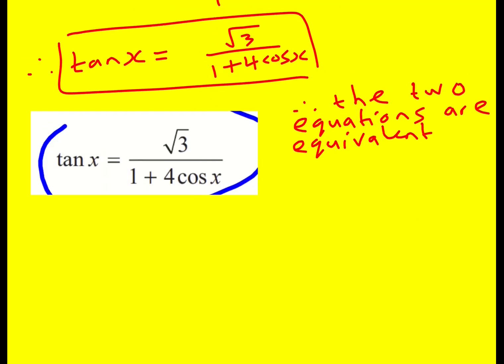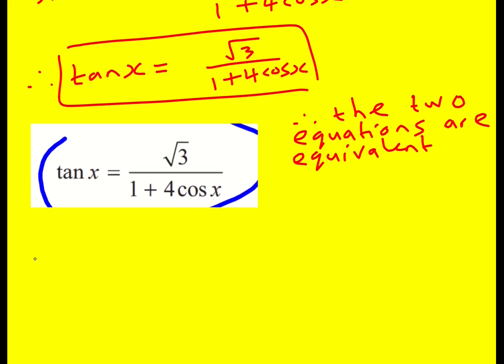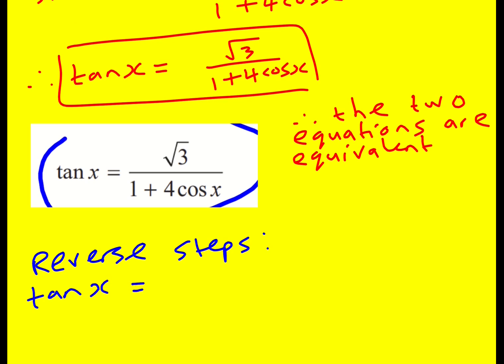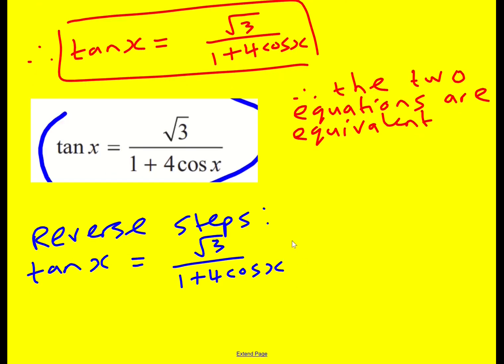If you really want to be sure that you're going to get the marks, I feel like you should reverse the steps. I'm just wasting time here though, aren't I, really? So I wouldn't do this. If you're doing this paper, I would do this right at the end. And then I would times through by cos.